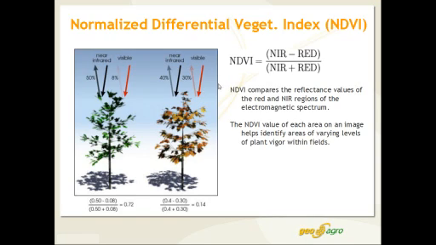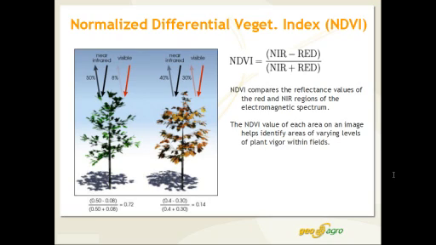So combining these two basic concepts, it's as simple as that. It's different wavebands that are reflected by the plant, captured by a satellite, and then we combine this when we process the imagery. So this is one of the indexes that we're going to use.